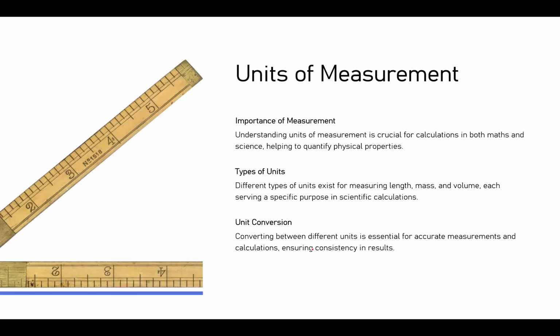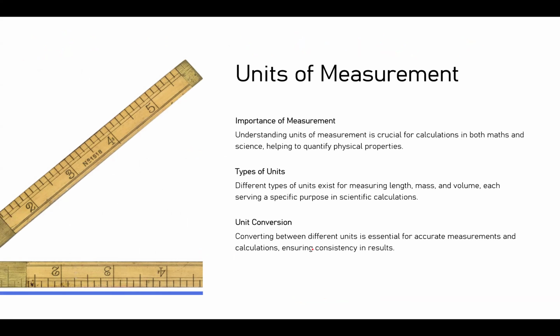Measures and compound measures. Understanding units of measurement is crucial for calculations in both maths and science, helping to quantify physical properties. Different types of units exist for measuring length, mass, and volume, each serving a specific purpose in scientific calculation.